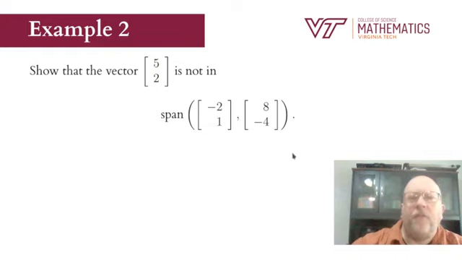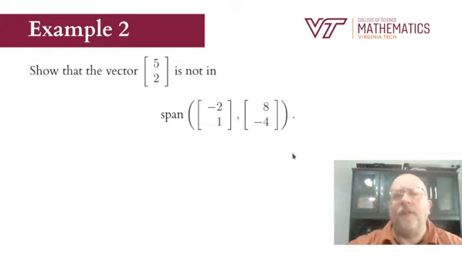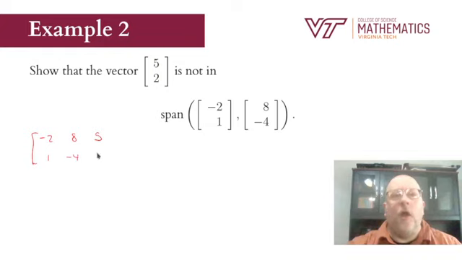Let's take this vector. Show that 5, 2 is not in the span of these 2 vectors. Okay? So we're going to try solving this system here: -2, 8, 5, 1, -4, 2.